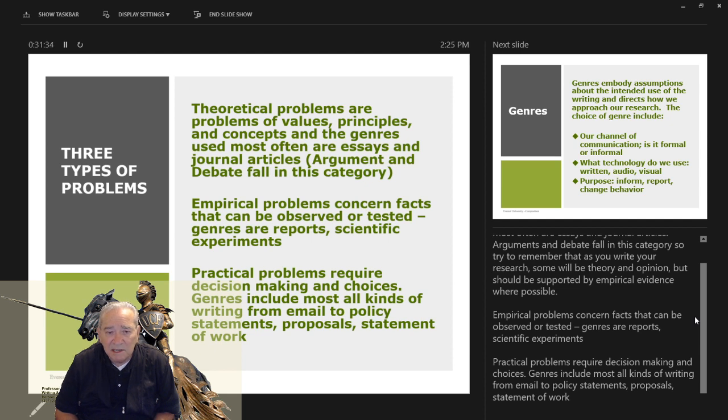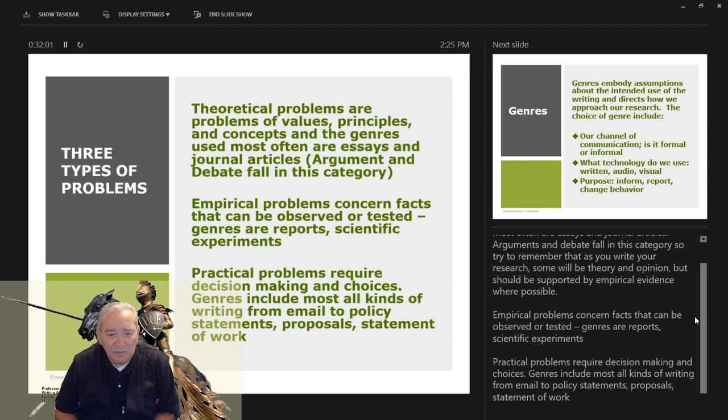It would be nice. Empirical problems concern facts that can be observed or tested, like genres that include reports and scientific experiments. Practical problems require decision making and choices, and so these are big in business. They include different kinds of writing, from email to policy statements, proposals, statements of work.